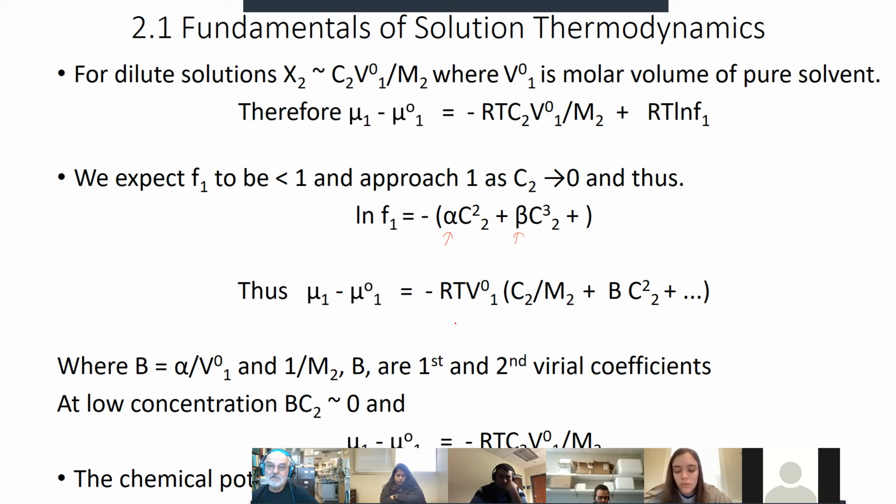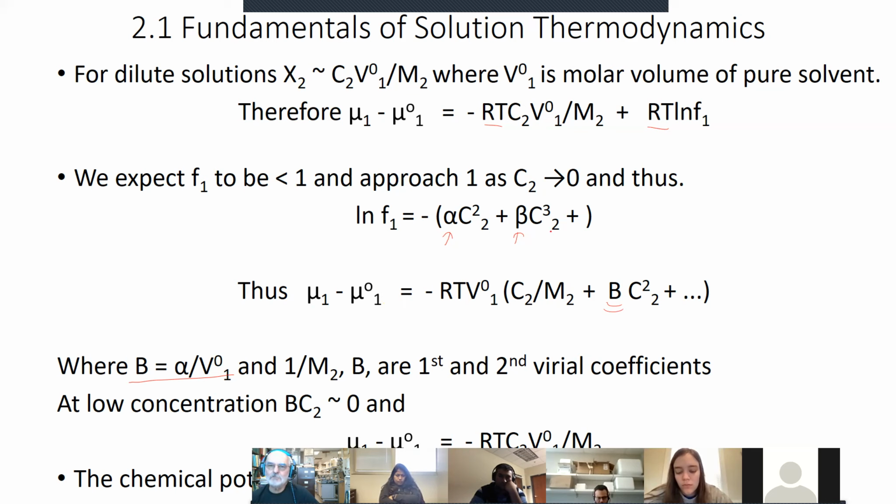And so then this becomes this first term involving, notice, there's an RT term in front of both of these. So the RT term comes out, okay? And then the V10 term comes out, but we account for it in terms of the coefficient inside. So the B now also has this V10 term. The V10 is essentially the volume of pure solvent, okay?